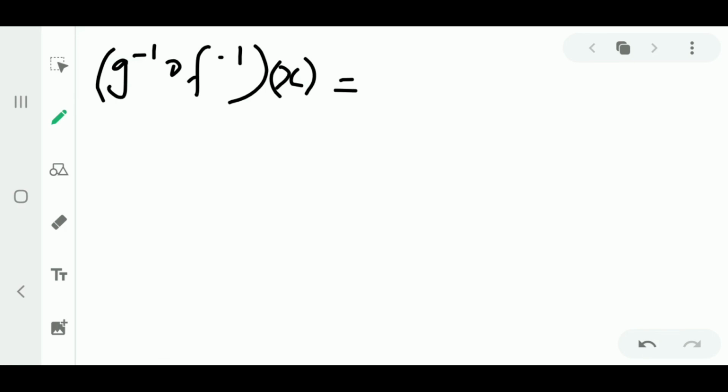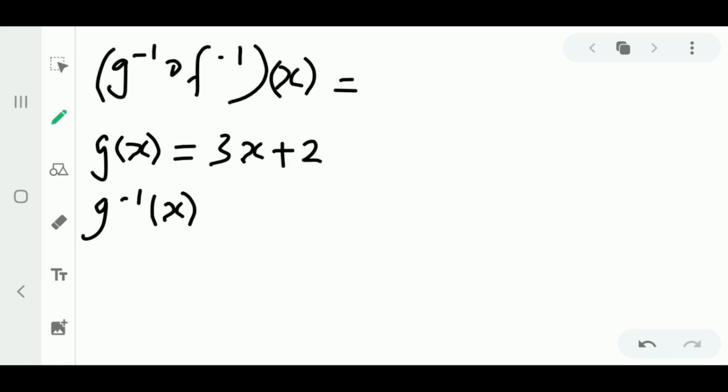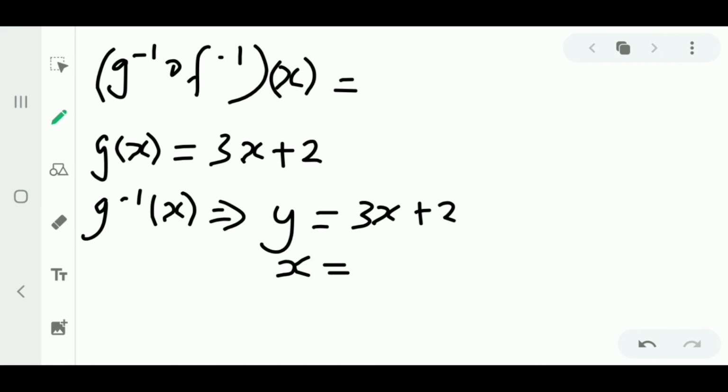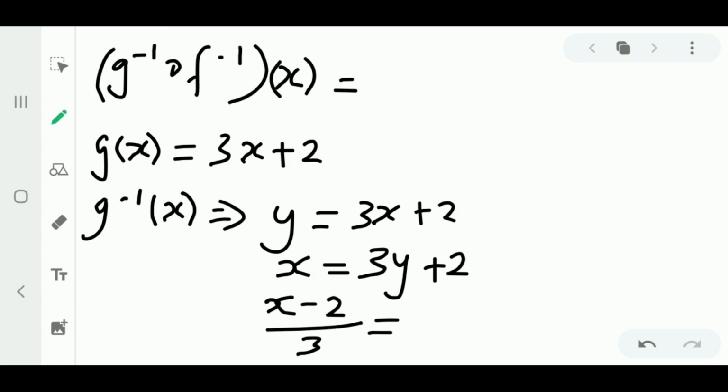Now we're going to try it this way just to test if it is actually the same thing. We want to find g inverse first. If g of x is equal to 3x plus 2, that means for g inverse, y is equal to 3x plus 2, interchange, make y the subject, so it's x minus 2 over 3 is equal to y. So that's g inverse.